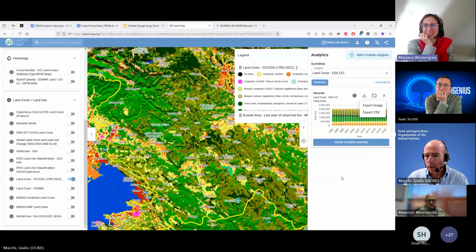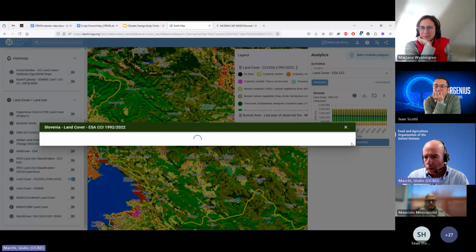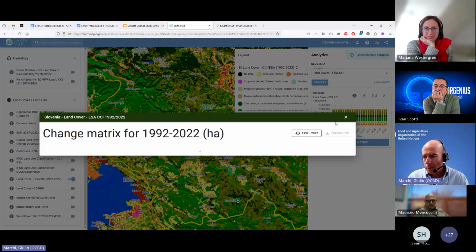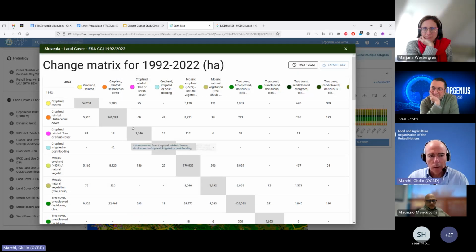Okay, that's nice. You can also, in this case, immediately get the land use change matrix. So you have an idea in this given time period how the different classes changed or did not change from one to the other. Along the diagonal, you have no change.